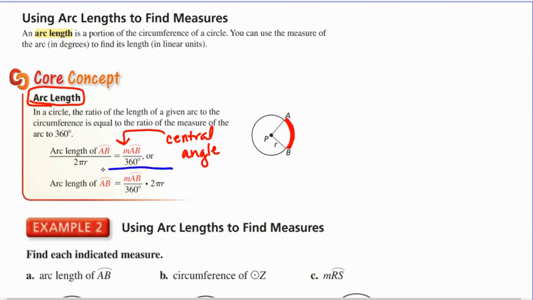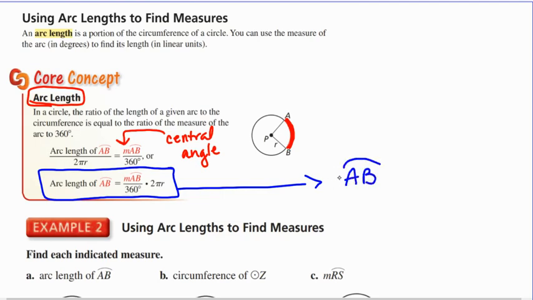Okay, I like to actually rewrite this. So I prefer this particular version of the formula where we've got the arc length of AB. Now, I don't need the words arc length of. I can just say arc AB. I know that since there is no M located in front, this is talking about length, not angle. Okay, so this is going to be the measure of the angle, the central angle, over 360 degrees times 2 pi r.